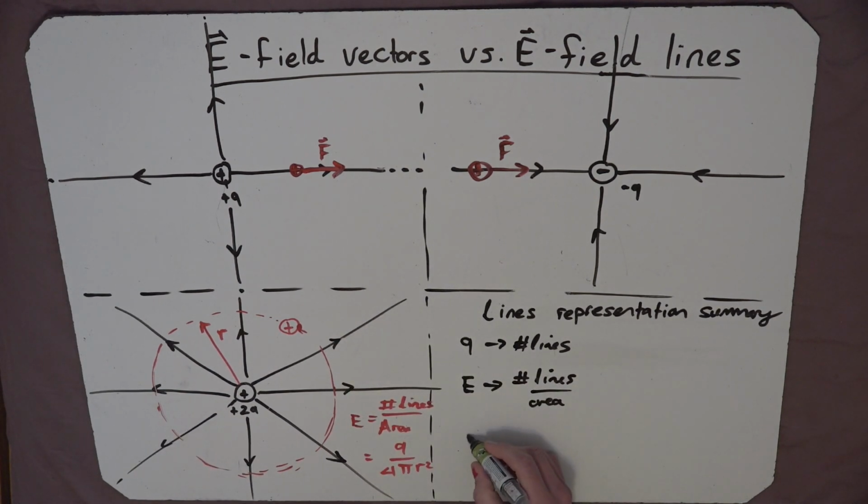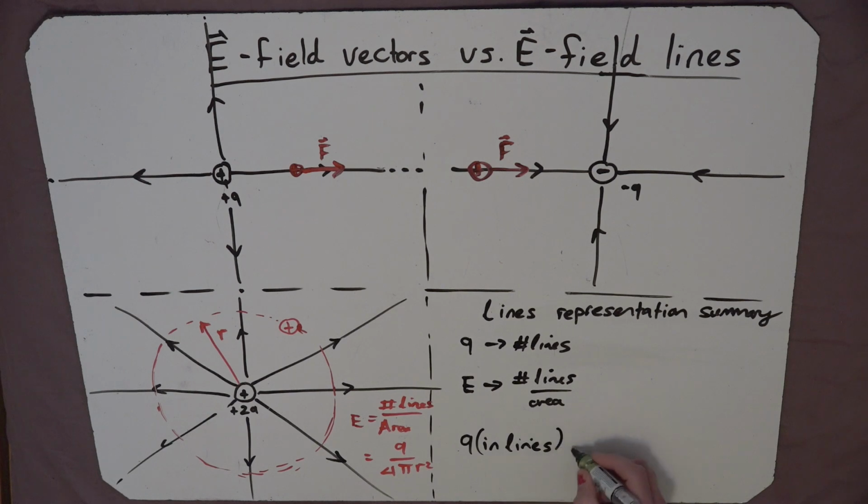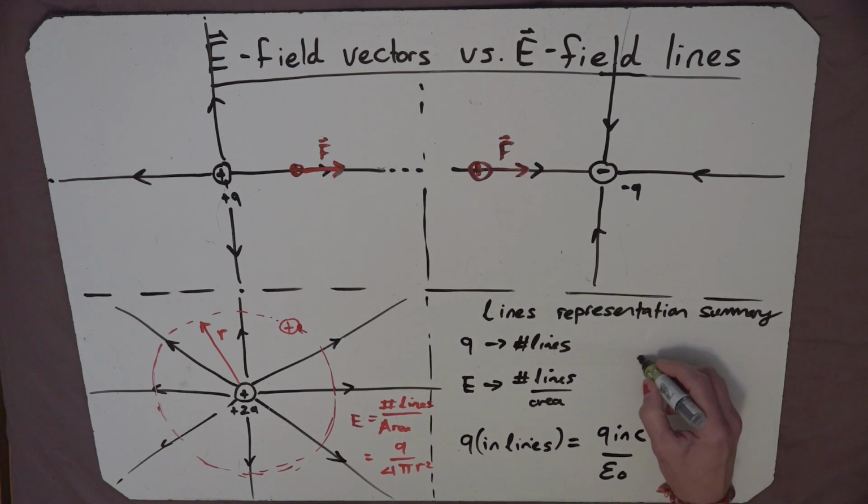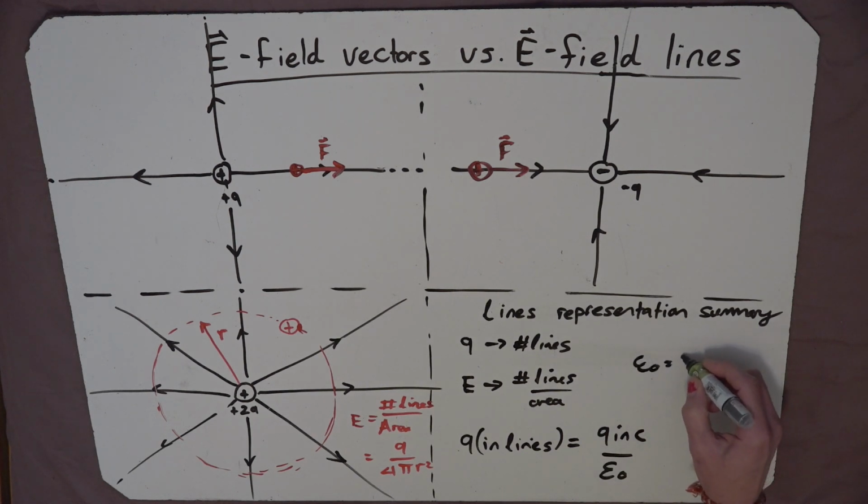The last point is that we don't actually measure Q, charge, in lines. We measure charge in coulombs, but there is a conversion factor between charge in lines and charge in coulombs, and that is a factor of 1 over epsilon 0, where epsilon 0 is equal to 8.85 times 10 to the minus 12.